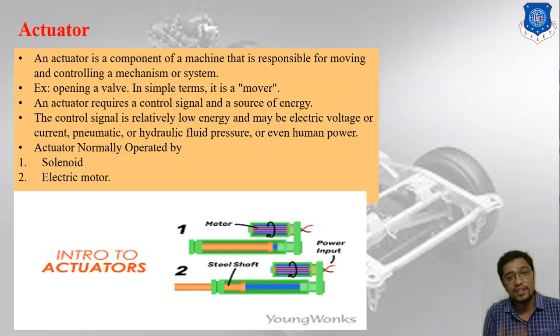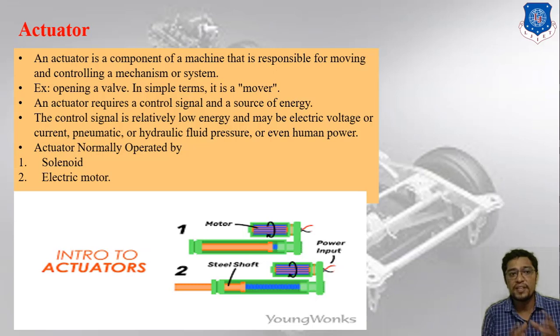Now focusing on the control signal. The control signal is of relatively low energy and may be an electrical voltage, because ultimately in actuators we will focus on solenoids and pneumatic actuators. It may be electrical voltage or current, pneumatic or hydraulic fluid pressure, or even human power.